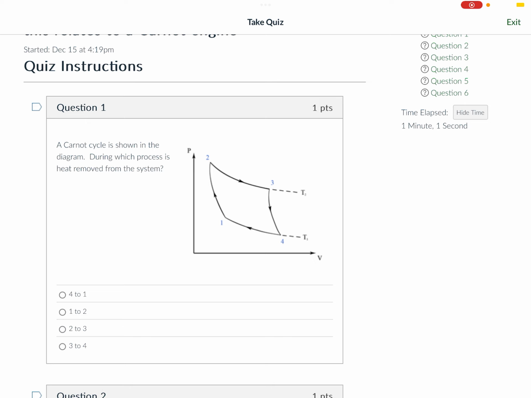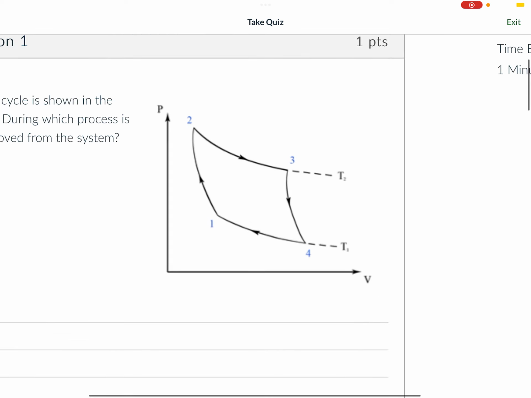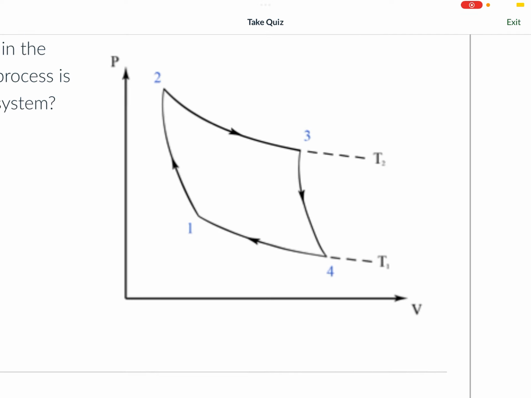How do we know which of these are adiabatic? Well, adiabatic processes are not going to be isothermal. Isothermal curves are very rarely as steep as from 1 to 2 or from 3 to 4.